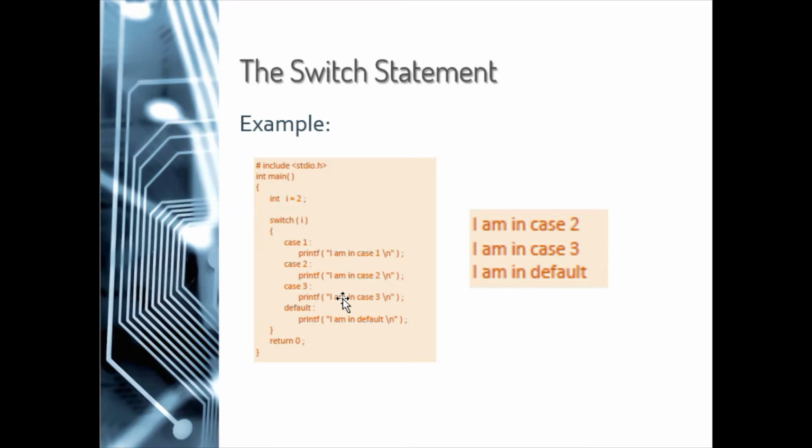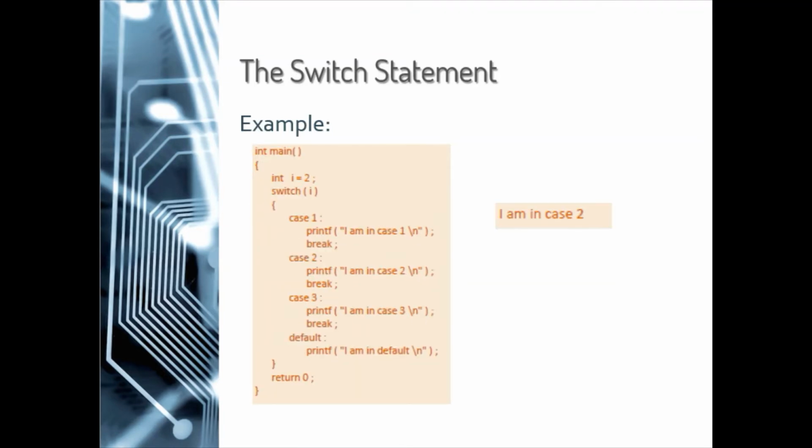Now, to avoid that, we need to add something to our statement, so that if we are in case 2, it will not continue on to case 3. To do that, the content of each case should have a break statement.